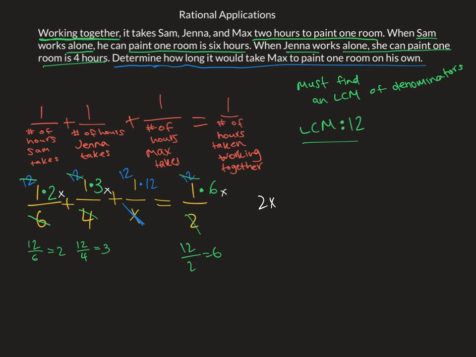So 2x, and then 1 times 3 is 3, so plus 3x, plus. Now here's this part. You can't add on an x to the one that was divided by x. You have to leave that as a whole number. So 1 times 12 is 12, equal to 1 times 6 is 6, and add on that x. See how 1 over x no longer has an x over here?